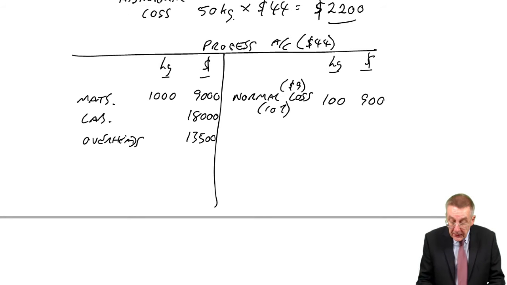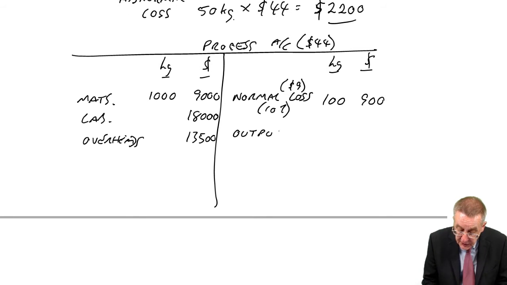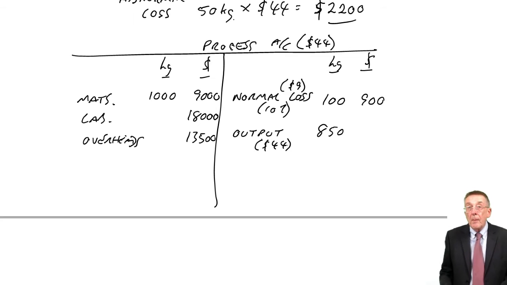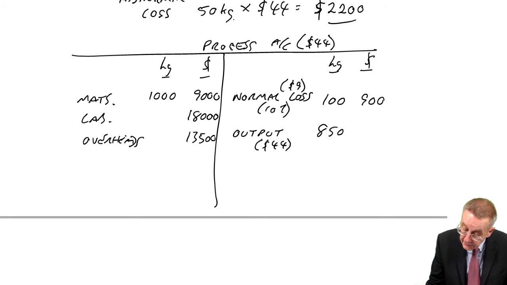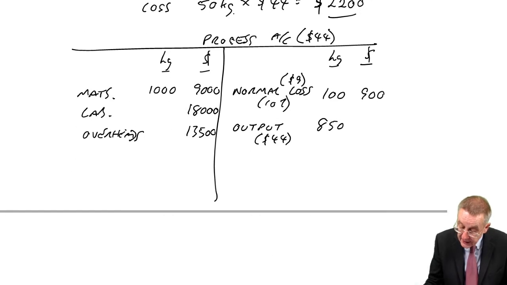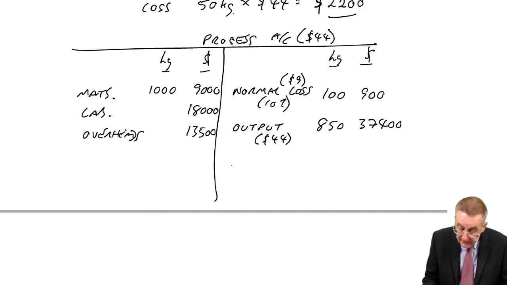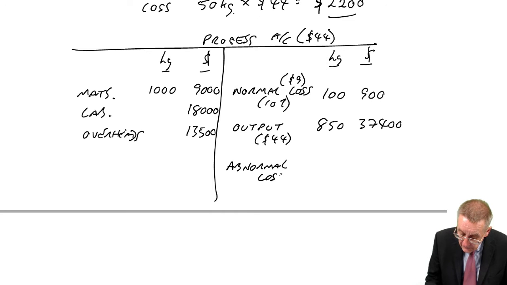Now we can put in the actual output from the question, 850, and they'll be valued at full cost of 44, which I've already done: 37,400. The units obviously don't balance. Well, the missing units are the abnormal loss. We've now accounted for all 1,000.